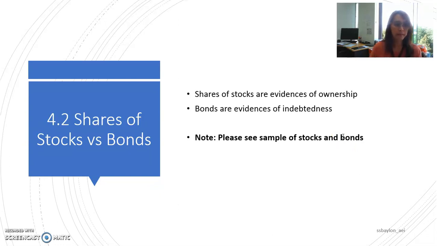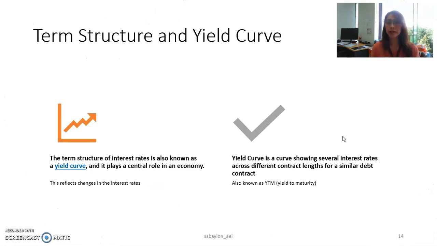Part of 4.2 is term structure and yield curve. Since we talked about bonds earlier, definitely when there's a bond, there is evidence of indebtedness. You have to pay back a certain amount of interest. The term structure of interest rates is also known as a yield curve, and it plays a central role in the economy. Why is this? Because it reflects the changes in interest rates.